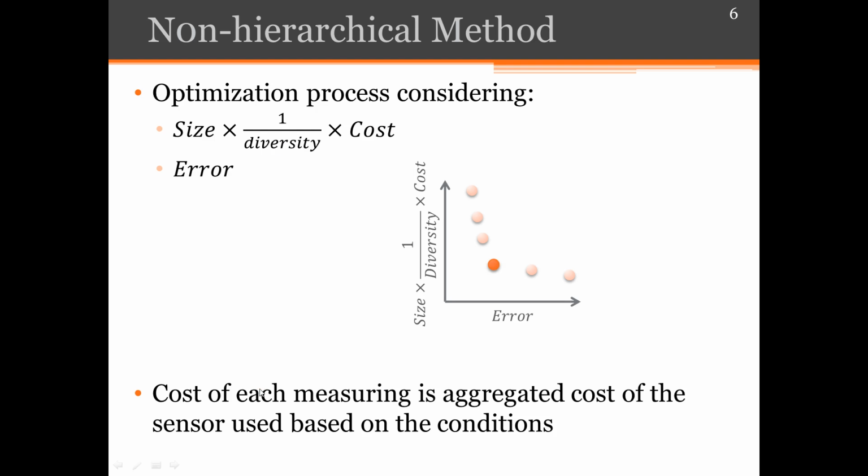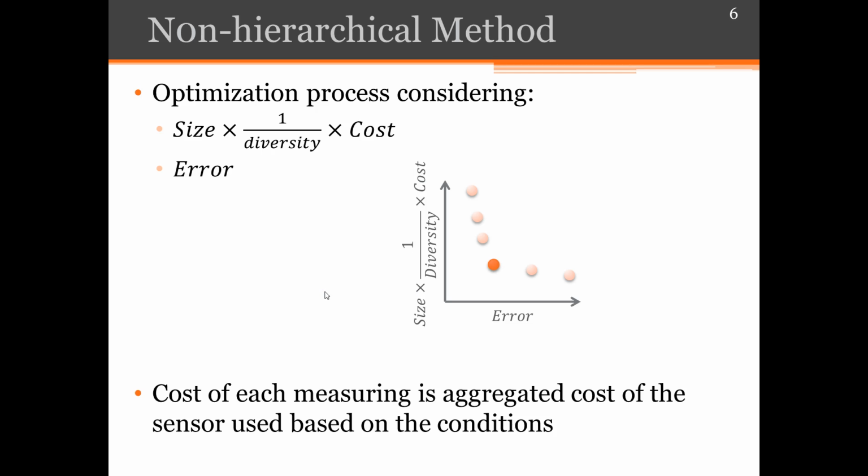So in the optimization process, we're going to consider these 2 objectives, and after the training, we're going to decide the model that balances error versus size times 1 over diversity times cost, and the cost of each measurement is the aggregated cost of the sensors that have been pulled based on the conditions inside the model.